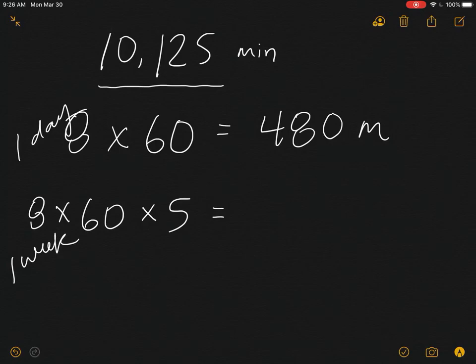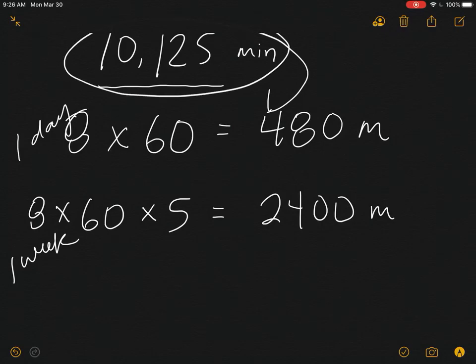This is 1 week. So what is the math there? So we do 8 times 60 times 5. So one coder works 2,400 minutes in a week. So now we've got apples to apples.